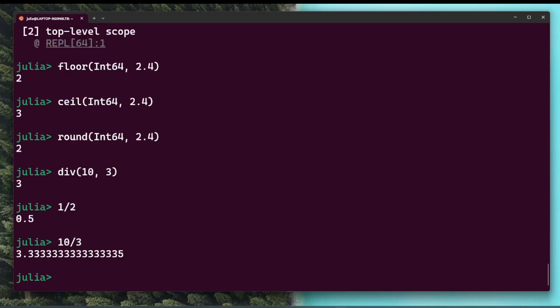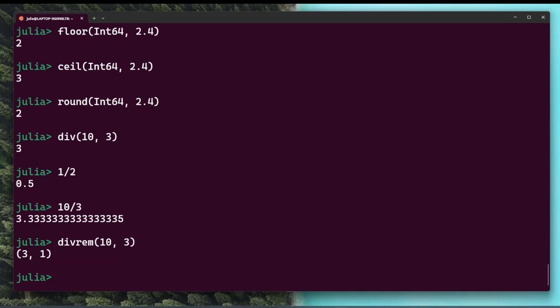The same function returns the integer. For example, there is another function which gives us the divisor and remainder. We can use divrem, which gives us the quotient and remainder.